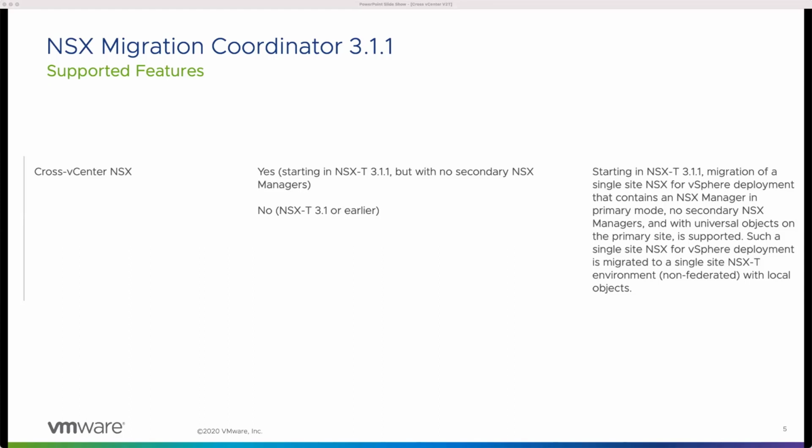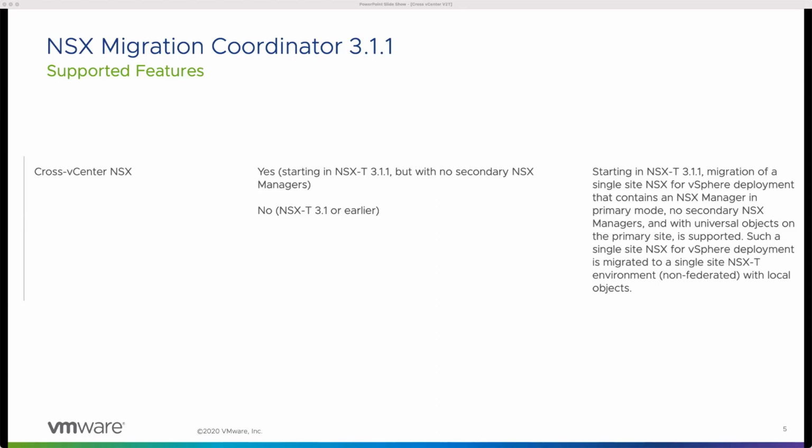So as you can see here, a supported feature in NSX-T 3.1.1, we're now able to migrate universal objects to local objects in NSX-T. The only gotcha really here is that it's still only supported for a single NSX manager. So that means we can't have a secondary NSX manager enabled, and we can still have the primary.